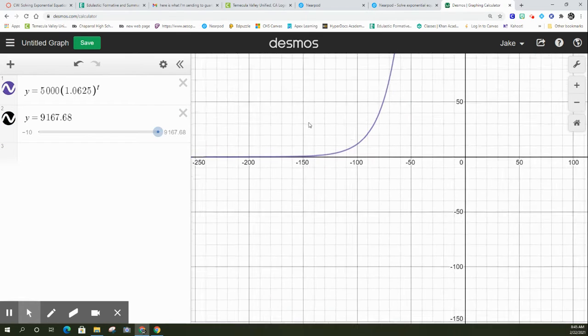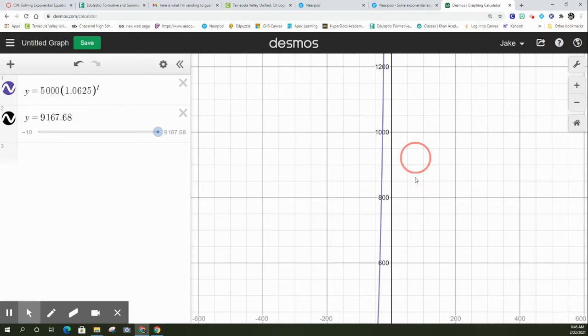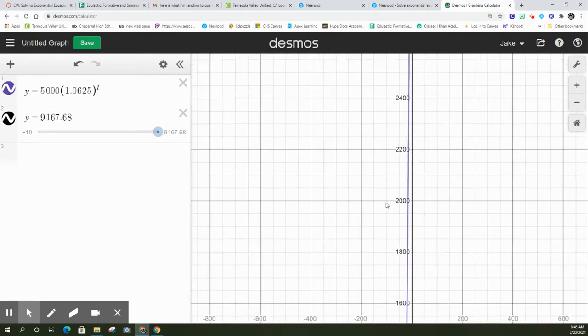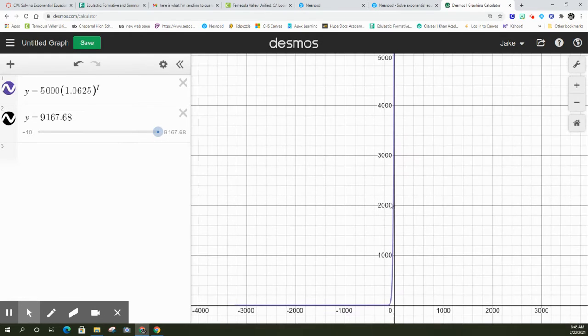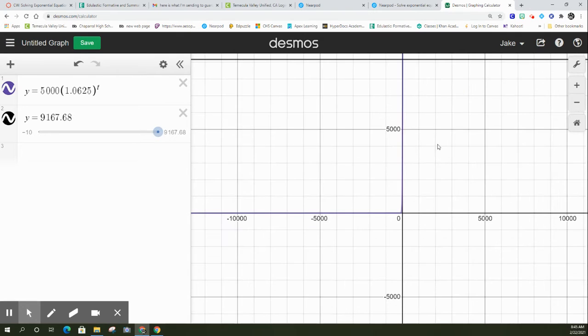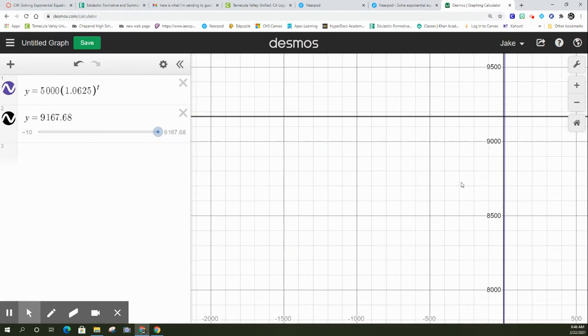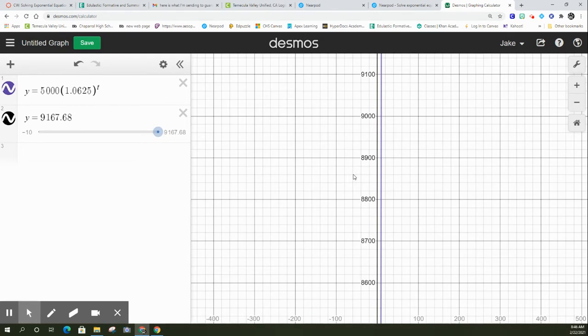What we want to do is zoom out until we get 9,000 on the screen. There we go. You can zoom in on that now and see where they cross.